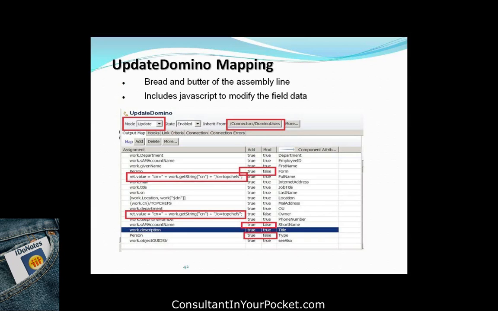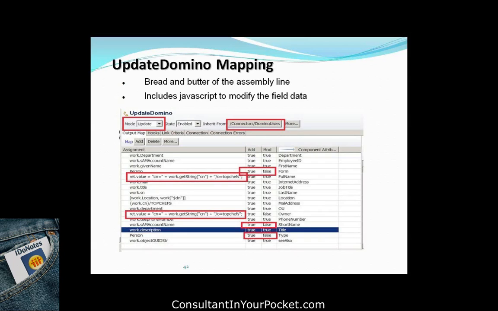So we're going to use a little bit of JavaScript, return.value equal cn equal in quotes, work get string, cn plus /o equal top chefs, so that the full name will actually appear as cn equal full name /o equal top chefs on the Domino side, which is the format the Domino expects it. The same with owner.